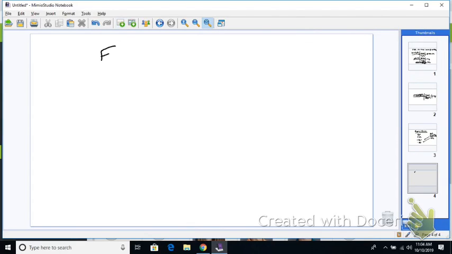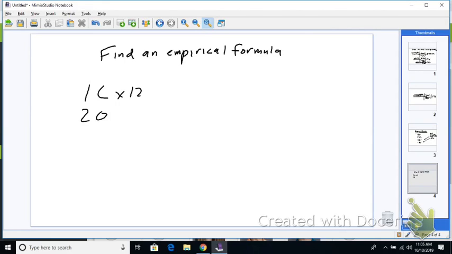So we're going to find an empirical formula, and we're going to basically do the backwards of what we did for CO2. You guys already have this written down, right? Don't write this down, but we said if you had one carbon, you have two oxygens. We multiplied 1 by 12.01 and got 12.01, and 2 multiplied by 16 equals 32.